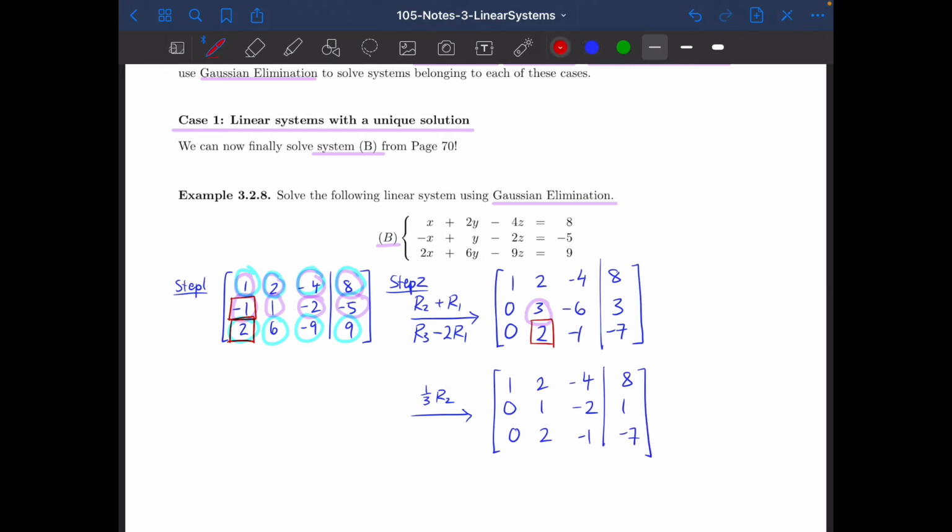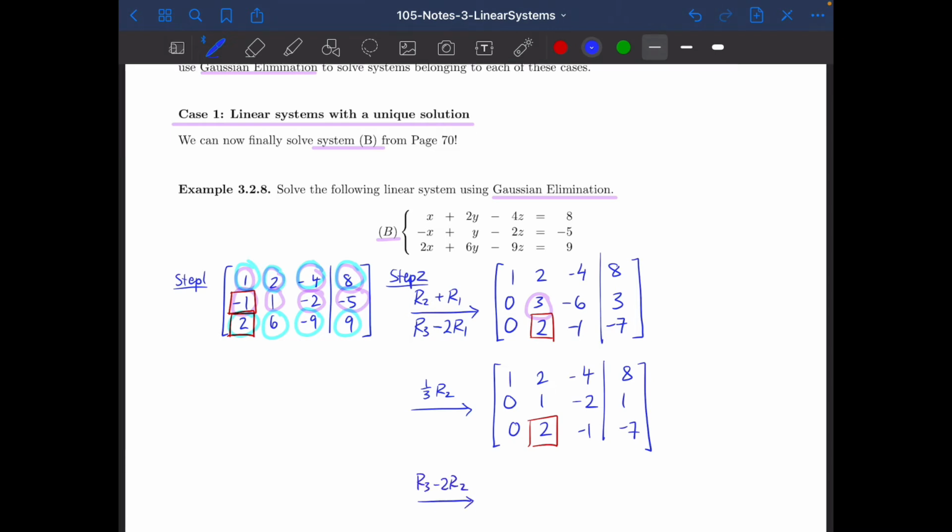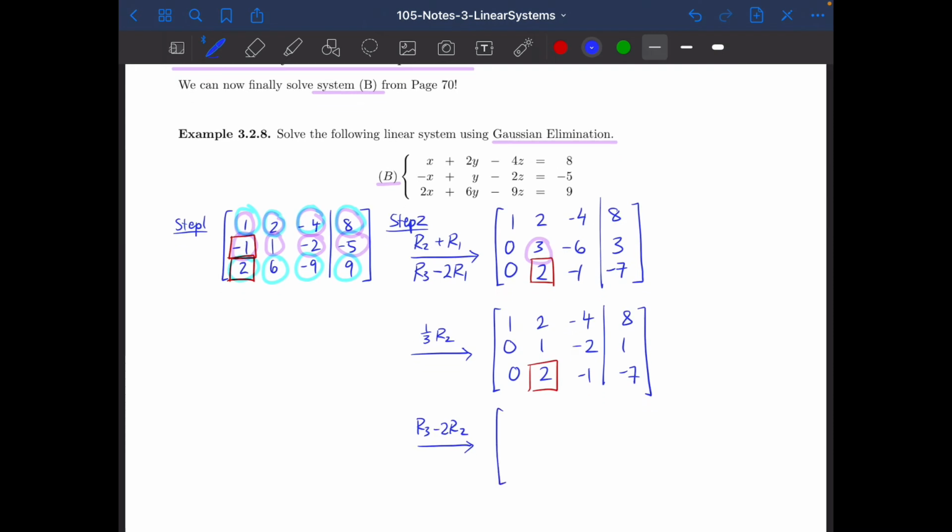Now I'm still trying to put a 0 in the position of that 2. Now I can use the elementary row operation, row 3 minus 2 times row 2, to get in the third row 0 minus 2 times 0, that's still 0. 2 minus 2 times 1, that is 0, the 0 I've been looking for.